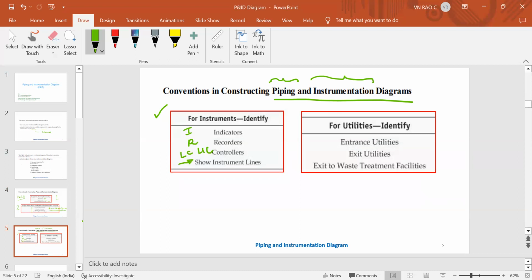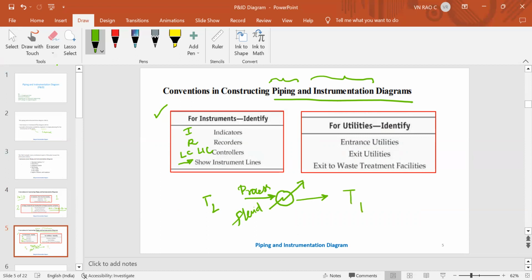Similarly, utilities. Suppose I have a heat exchanger. It can be for a cooling or a heating purpose. This is the process fluid, which needs to be cooled or heated from a temperature of T2 to T1, suppose.